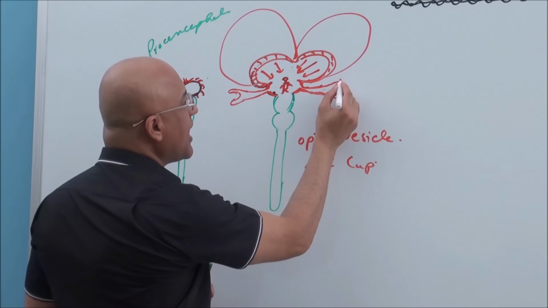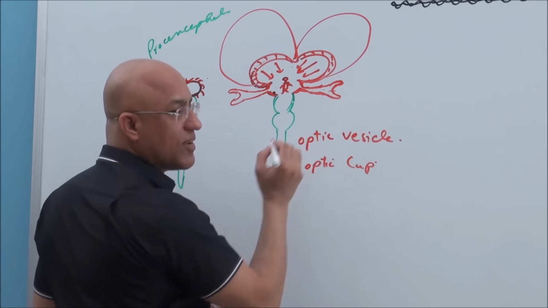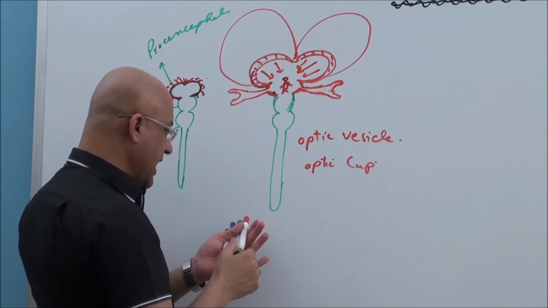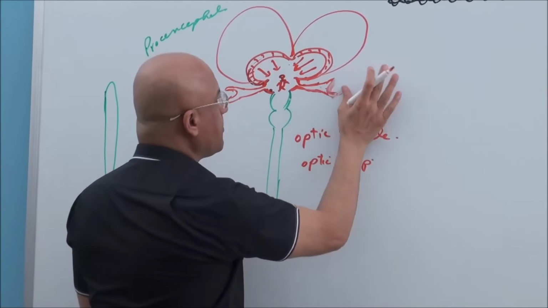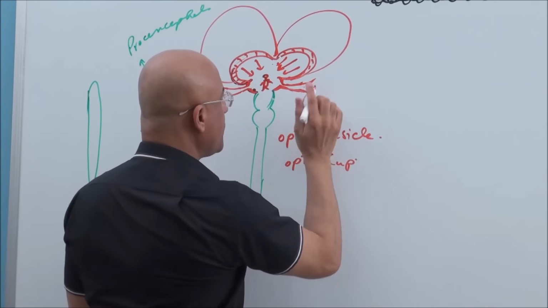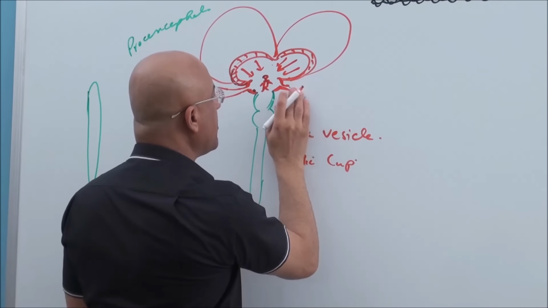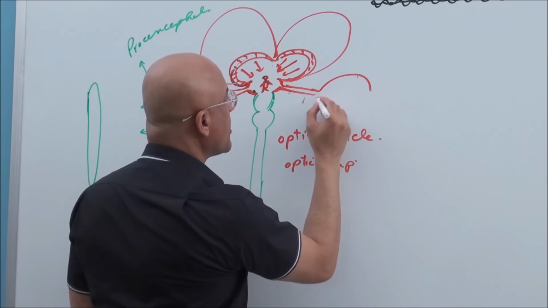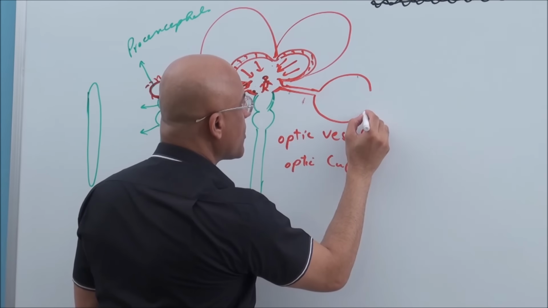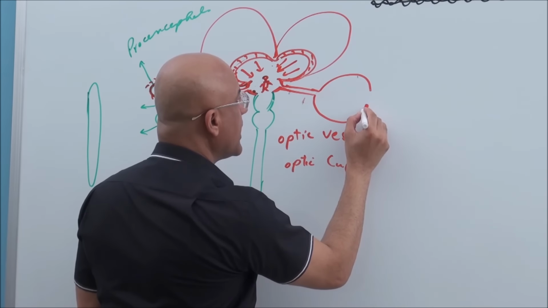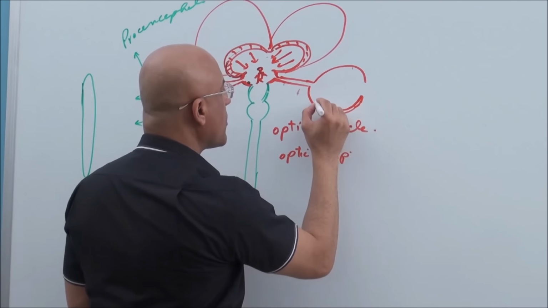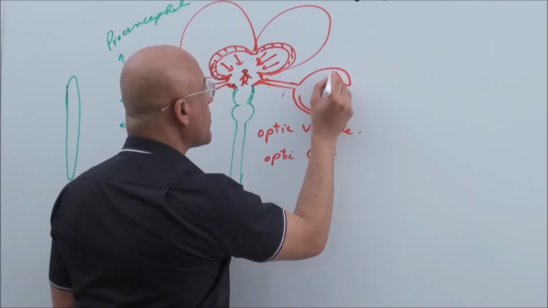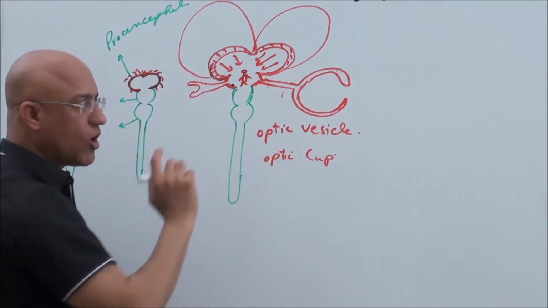One inner layer and one outer layer. As time passes, this optic cup grows and does many things, but I will only explain what is related to the retina. This is the optic cup.